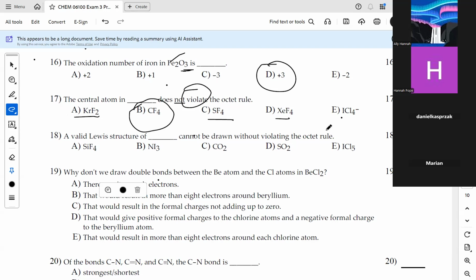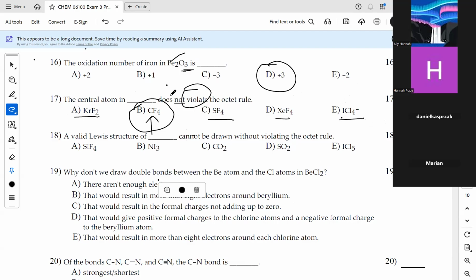And then if we did the Lewis structure for the four that are underlined here, the four wrong answers, we would see that in each of them the central atom does violate the octet. So I would look for an atom that cannot do that Lewis structure and confirm, and then maybe go back and check if you're still unsure.